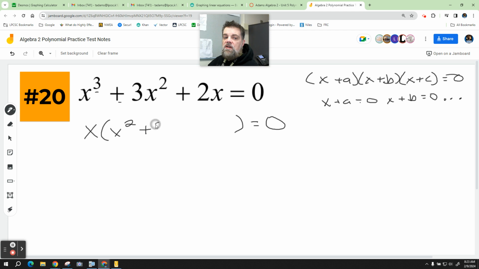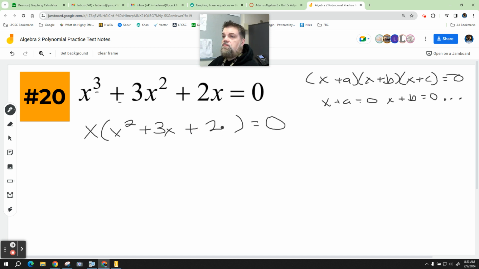Positive 3x. Now always double check. X times x gives me my x squared, and then the plus 3, that's how I get this plus 3x. So I'm thinking when I push this back through, I'm going to get this line above it. What do I multiply x by to get positive 2x?